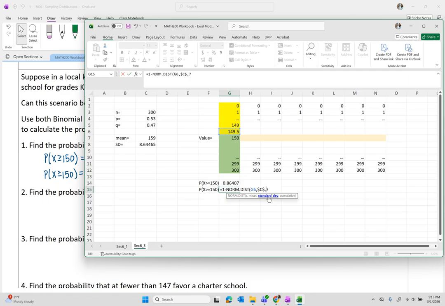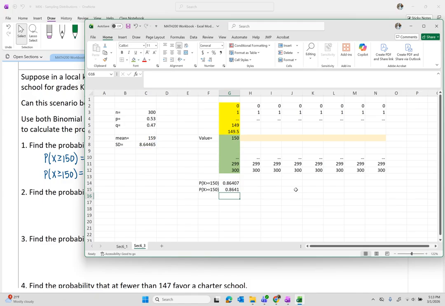What do you want the standard deviation to be? I want the standard deviation to be over here, and I want it to always be at C8. And do you want it to be cumulative? Yes, I do. I want you to calculate all the probability from 0 to 149.5 and then subtract it so that I can have the area from 149.5 to the right.